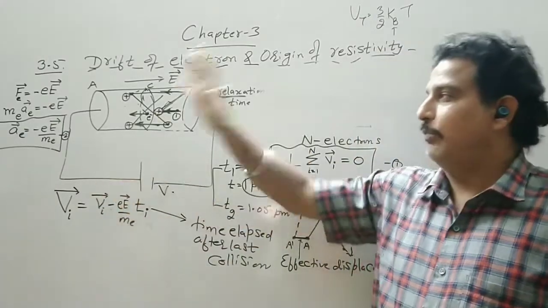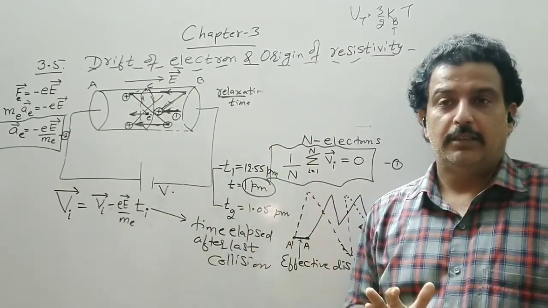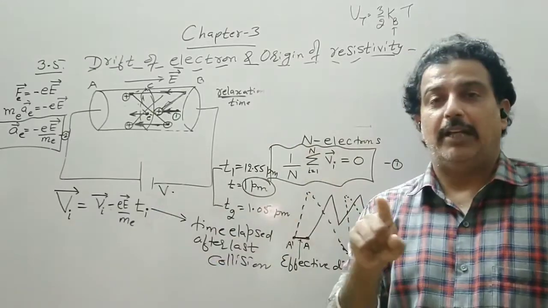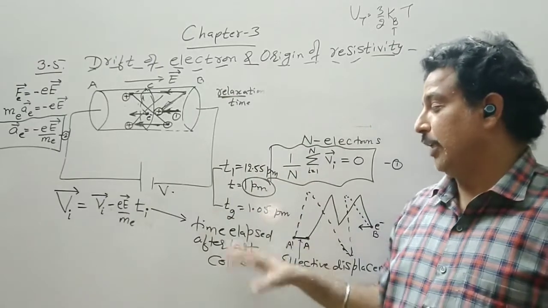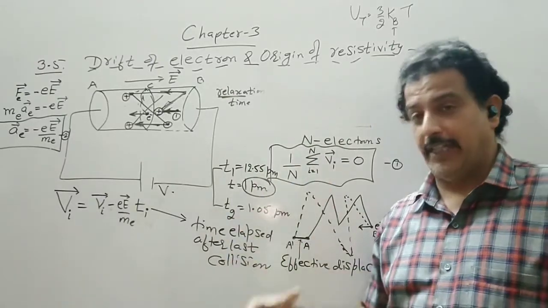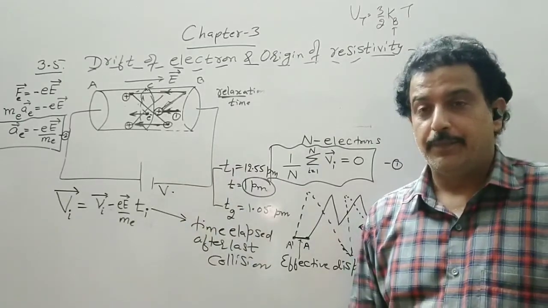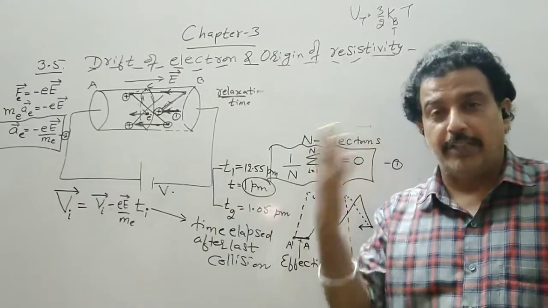Now it may be possible that it will not collide anywhere. So at that time, this should be the time interval after its last collision. Suppose now there is no collision and you are observing this particle again at say 2:05 p.m., after 1 hour.